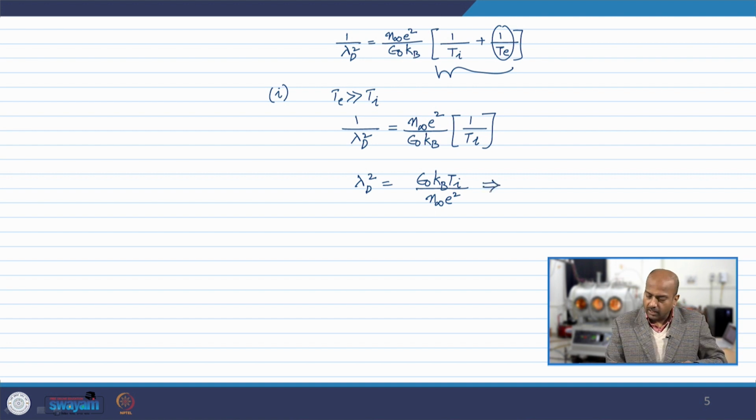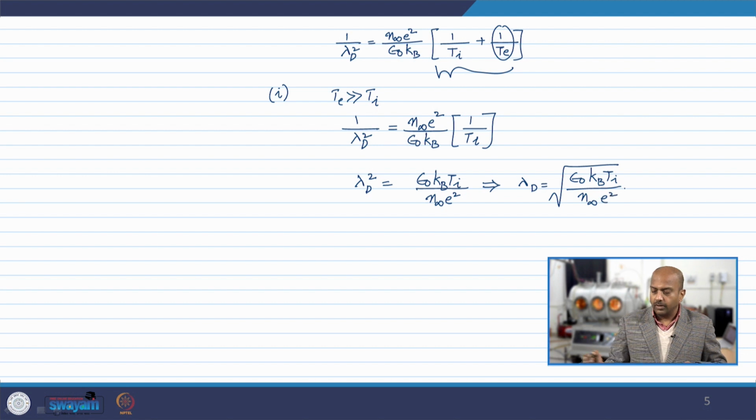We can write the Debye length as under root epsilon naught kb Ti divided by n infinity e square.